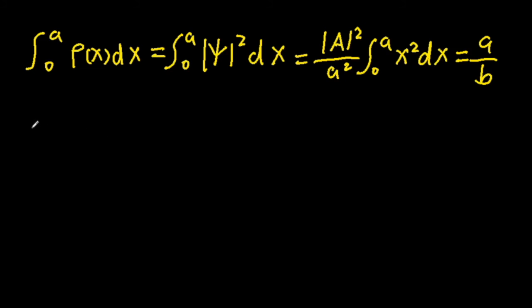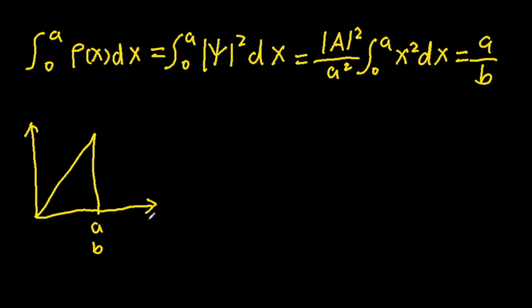If b equals a, the wave function would look like this. So the probability is 1, which equals a over b.